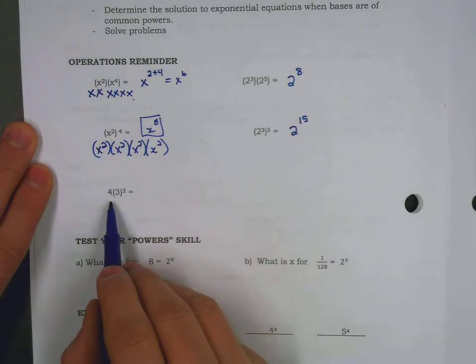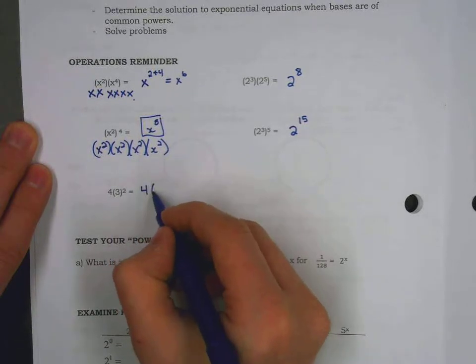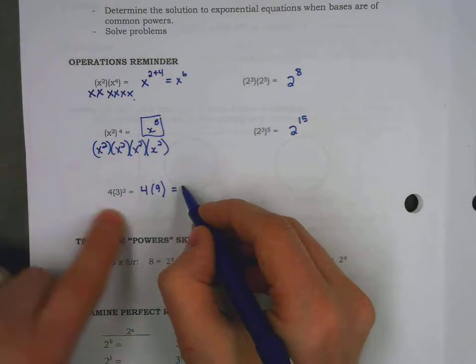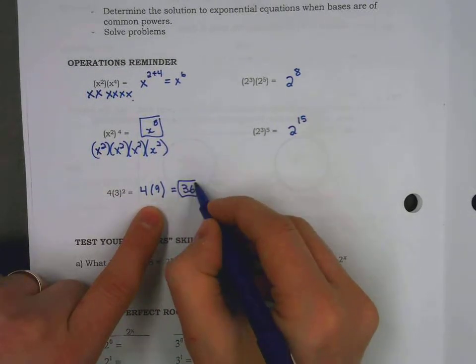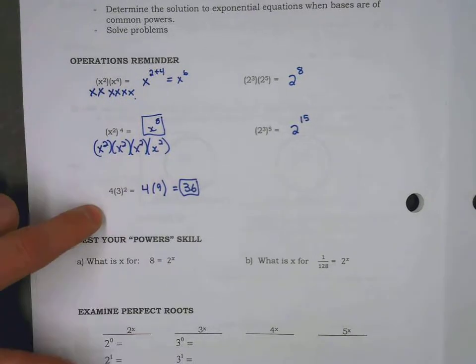We have to deal with that exponent first. After we evaluate the 3 squared, we call it a 9, we can then say it's 36. So there's an important distinction between when you add, when you multiply, and a quick reminder of BEDMAS.